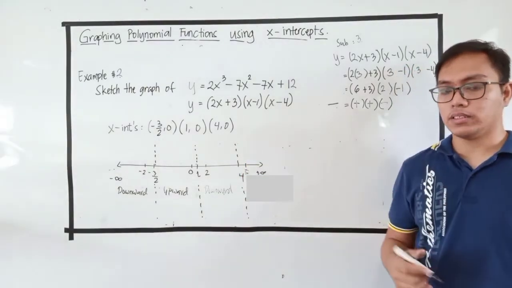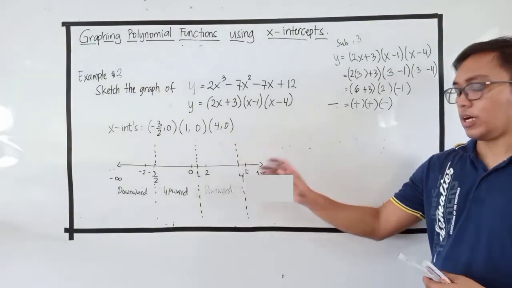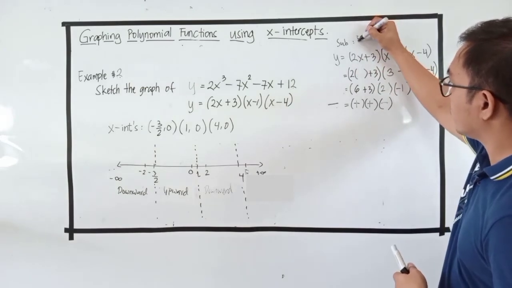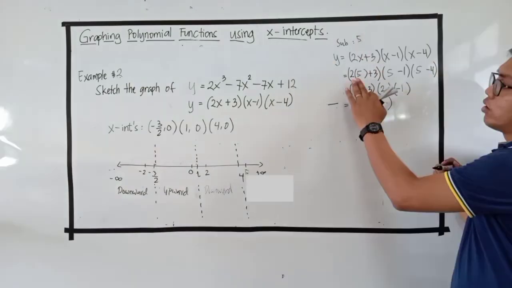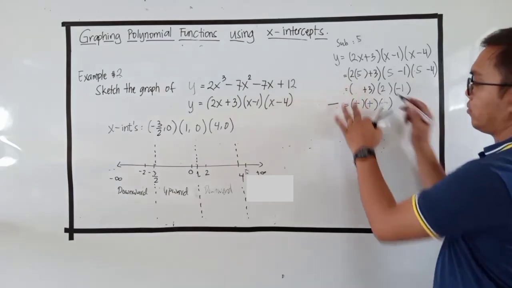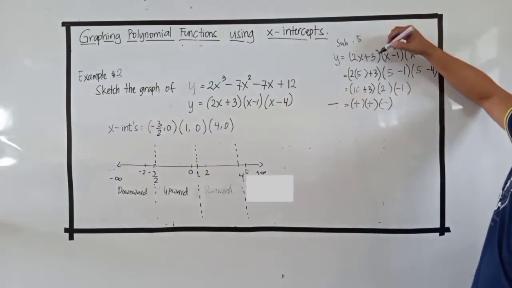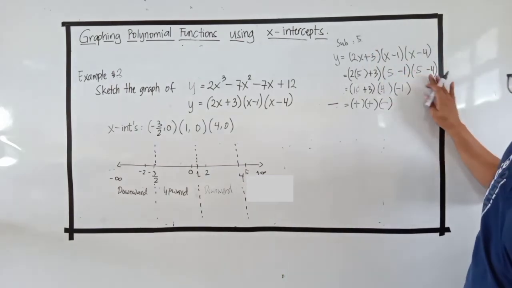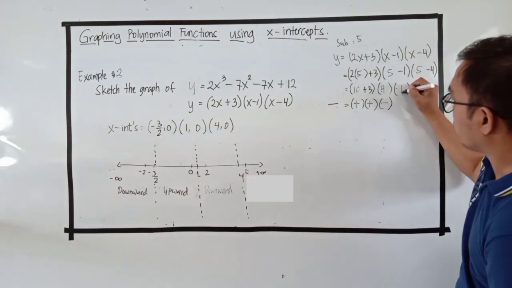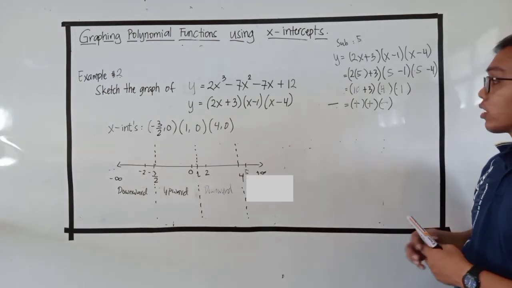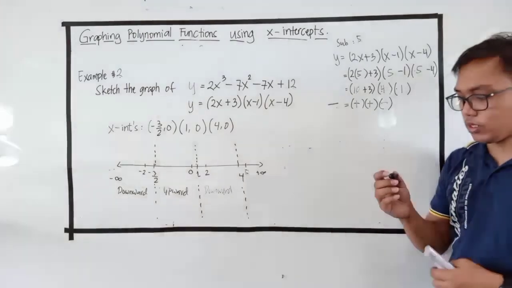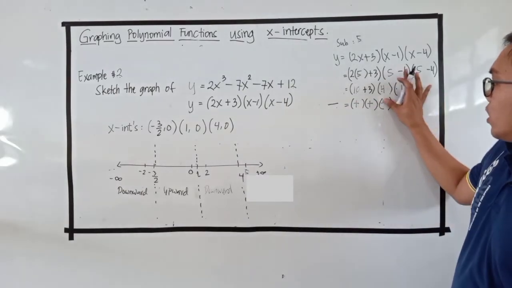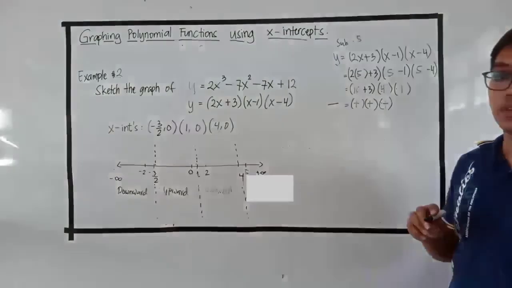And lastly, we can use 5 to identify the trend from 4 up to positive infinity. So substituting 5, 2 times 5 is 10. 5 minus 1 is 4. 5 minus 4 is 1. 10 plus 3 is 13, positive 13. 4 is positive, and 1 is also positive.